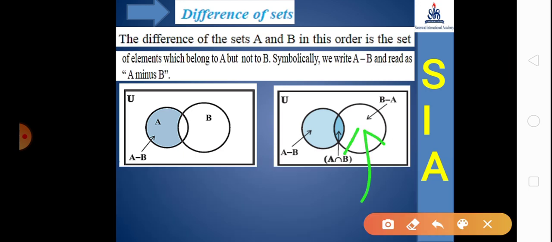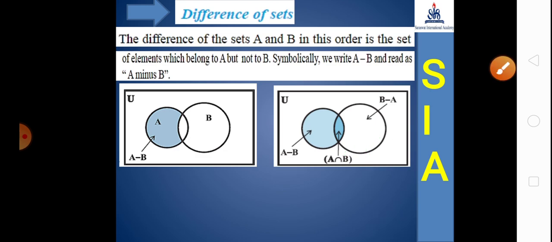This is called B minus A. B minus A means, from the set B, subtract set A. Next, the first figure I just told: A minus B means belongs to A but does not belong to B.